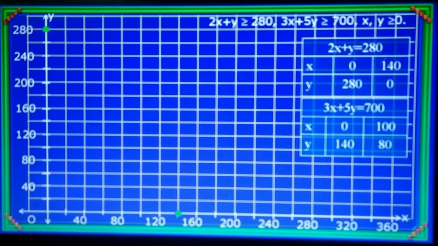Mark the points which we have got from two equations. Through these points, draw lines.